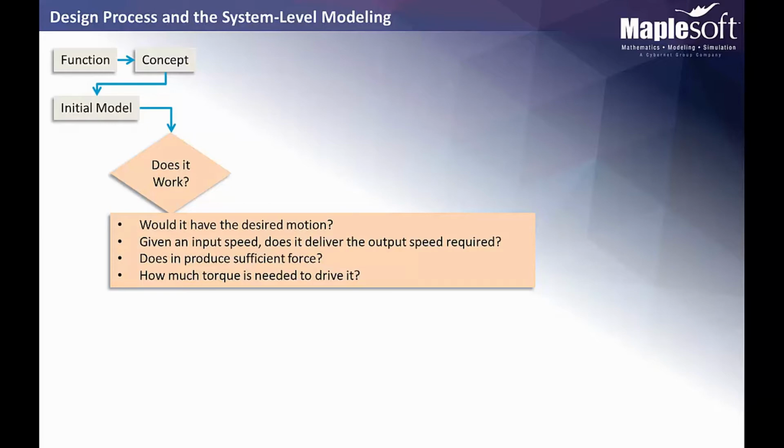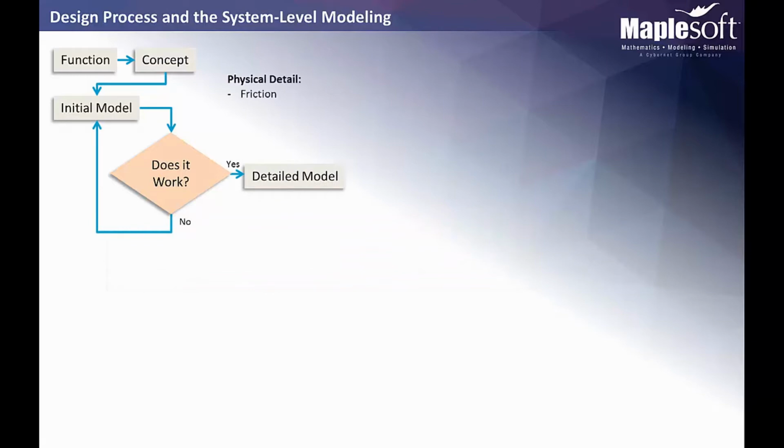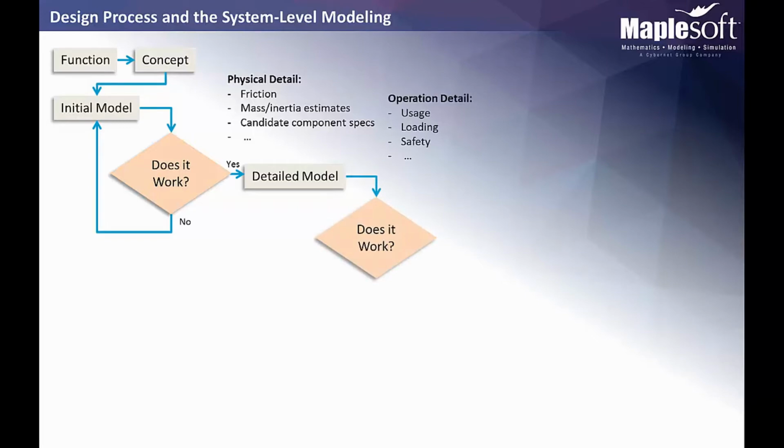Once we have answered those questions, we can continue in the design process by adding more details to the model. These details could be adding friction, more realistic mass or inertia estimates, or even specs from the components that we want to use. Now, with this expanded model, additional questions can be asked and answered.